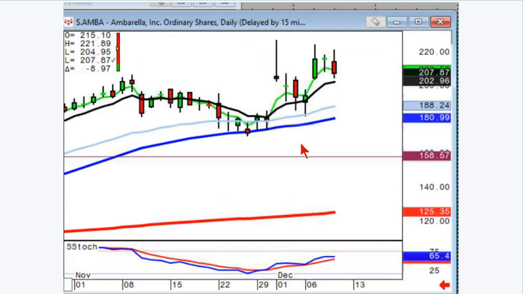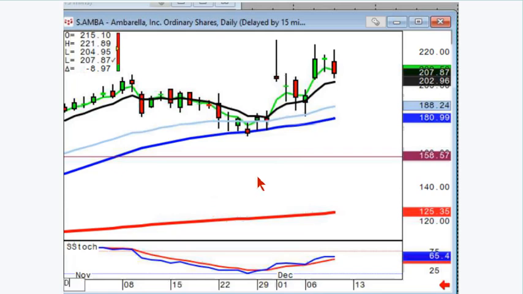AMBA, kind of a sideways chart. If I had been long, I would have closed it today with it closing back below yesterday's, or the doji low. Just not a very good looking chart at this point.